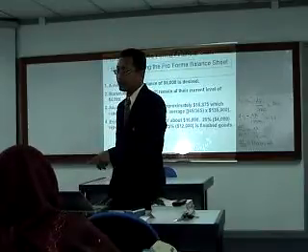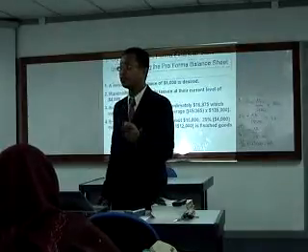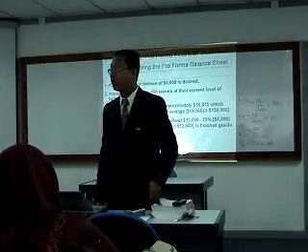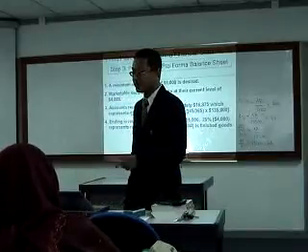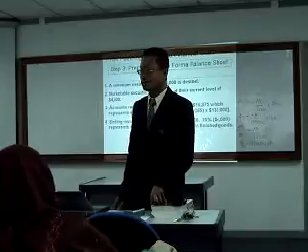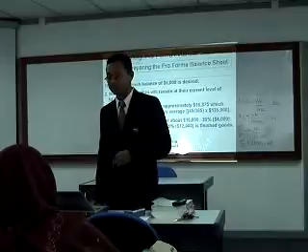So 25% out of 16,000: you take 25% times 16,000, you get 4,000, right? And 75% times 16,000, you get 12,000. So that is the breakdown of your ending inventory.